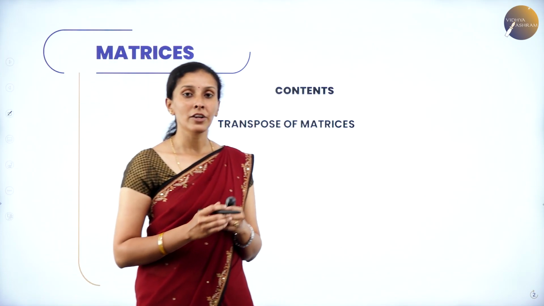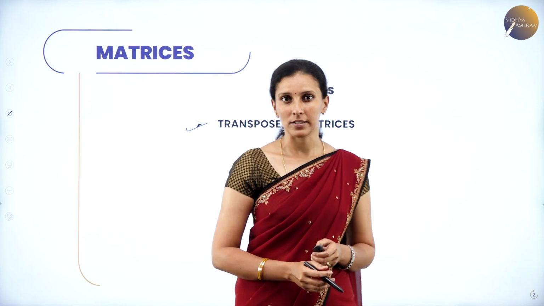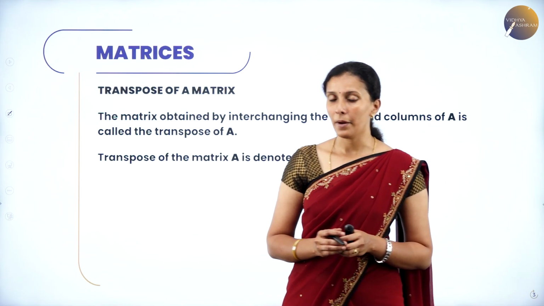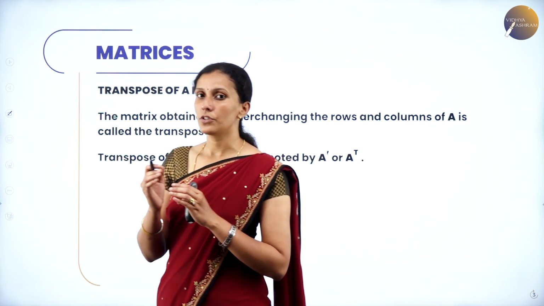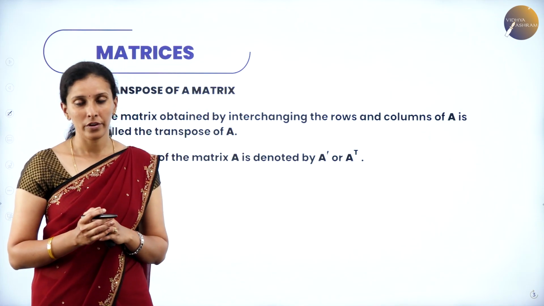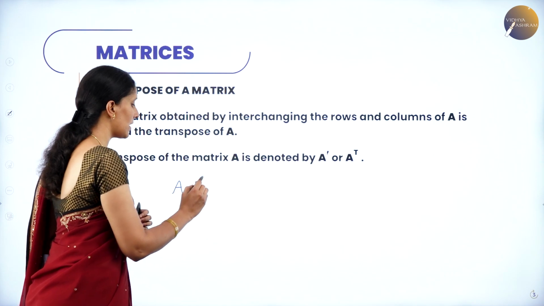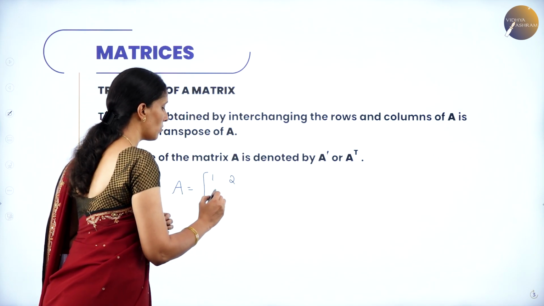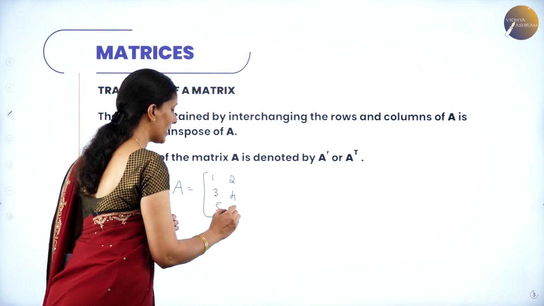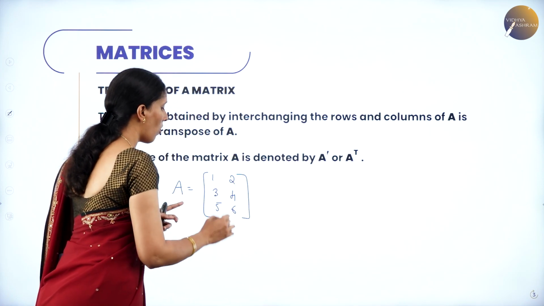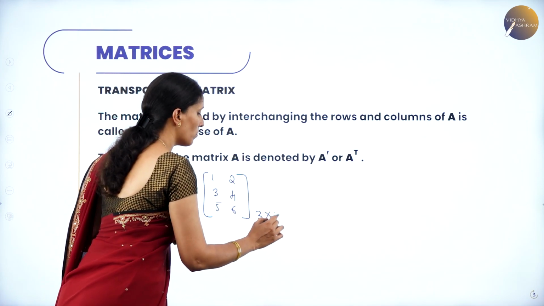What do you mean by transpose of a matrix? A transpose is nothing but interchanging rows into columns or columns into rows. For example, if I take matrix A is equal to 1, 2, 3, 4, 5, 6, so this is an order of 3 cross 2 matrix, correct?